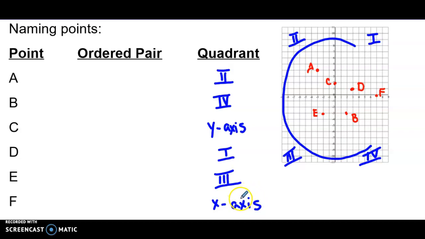All right, now let's go ahead and take time to find the ordered pair for each point. So remember, an ordered pair has two numbers. It's a pair. The x has to come first, and then the y comes second. You're always going to start at your origin whenever you're looking for an ordered pair. Always start at your origin.